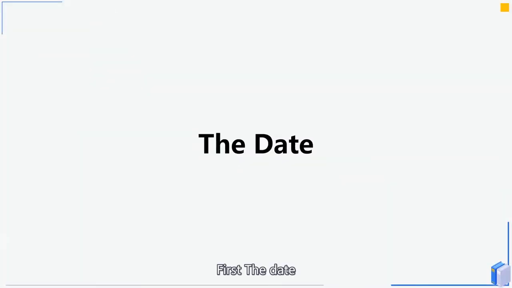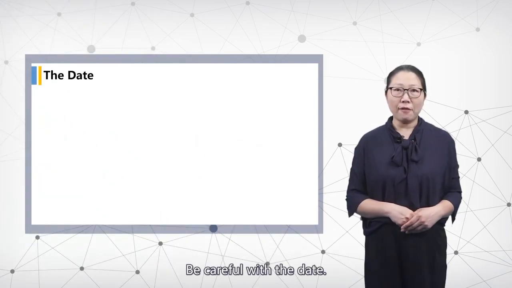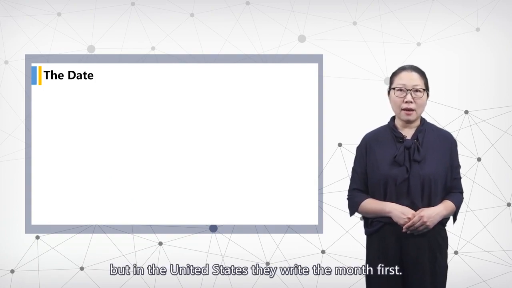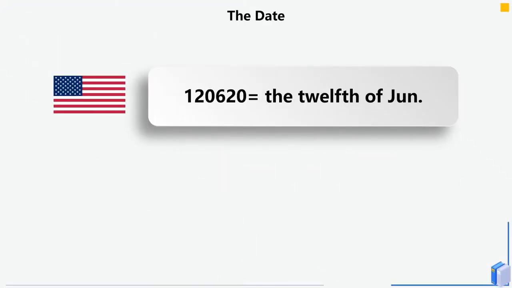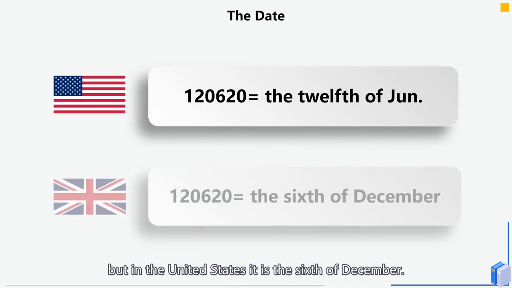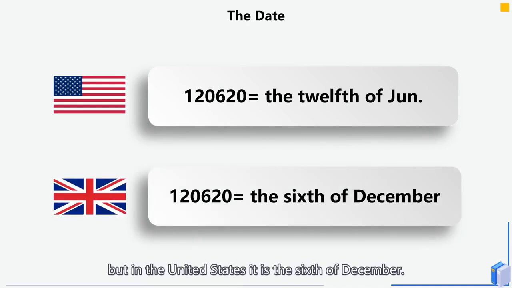First, the date. Be careful with the date. In Britain, they write the day first, but in the United States, they write the month first. This means that it's the 12th of June in Britain, but in the United States, it is the 6th of December.